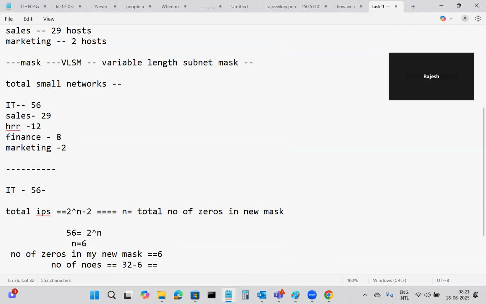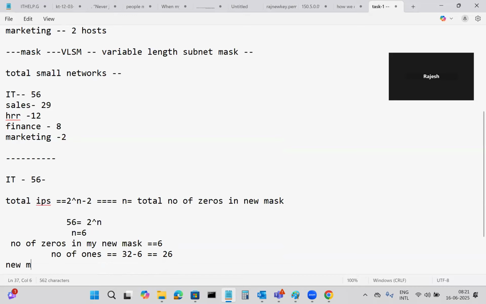If only 6 are 0s, then how many bits are ones? 32 minus 6, which will be 26. Yeah, so my new mask for the IT department will be 26. We get that mask. Okay.